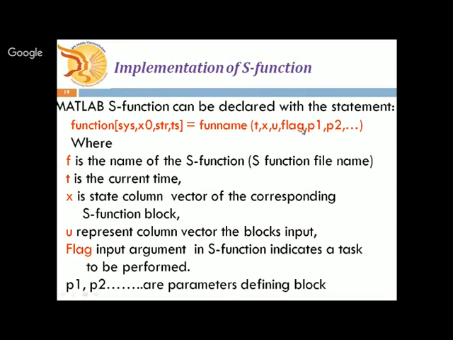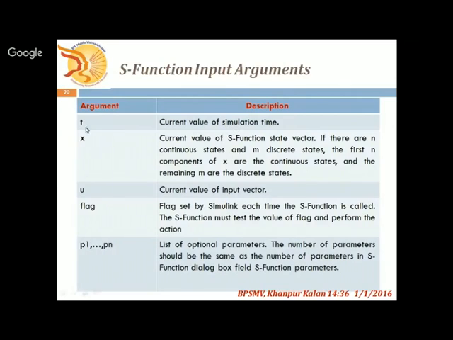Depending upon this flag value, it assigns the tasks to perform using a switch case statement. Here t represents the current value of simulation time, x is the current value of the S function state vector, u is the current value of the input vector, and flag is an integer which indicates the task to be performed. P1, P2 are optional parameters which a user supplies through the dialog box.